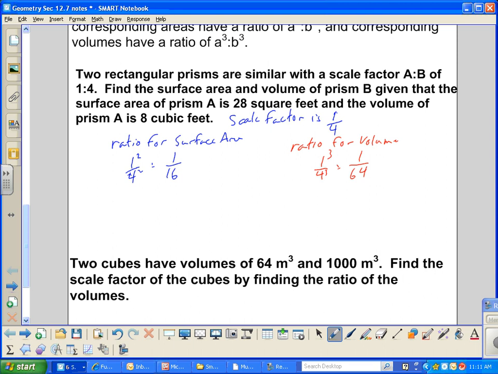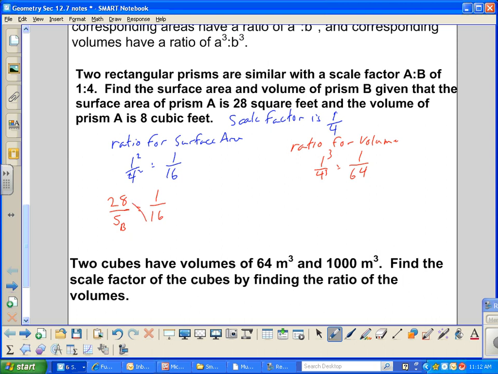So once we've got that, then we can compare using the values they give us for A. The surface area of prism A is 28. So 28 over the surface area of B should be equal to that ratio of 1 to 16.